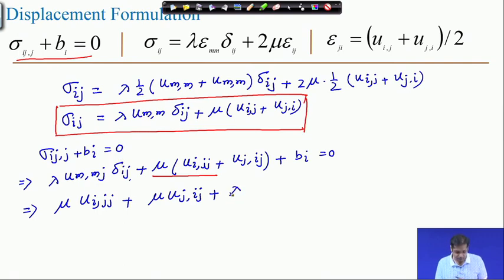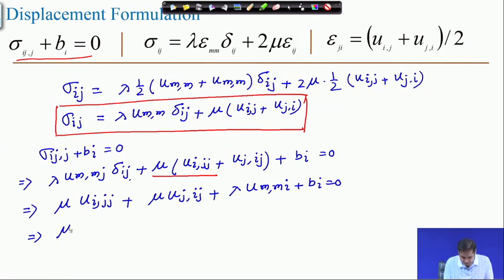So, in that case, this becomes lambda u m comma m i. If you expand it, some of the terms are non-zero and some are 0. The non-zero terms will be when i is equal to j. Okay, then plus b i is equal to 0. Now, we are almost done.